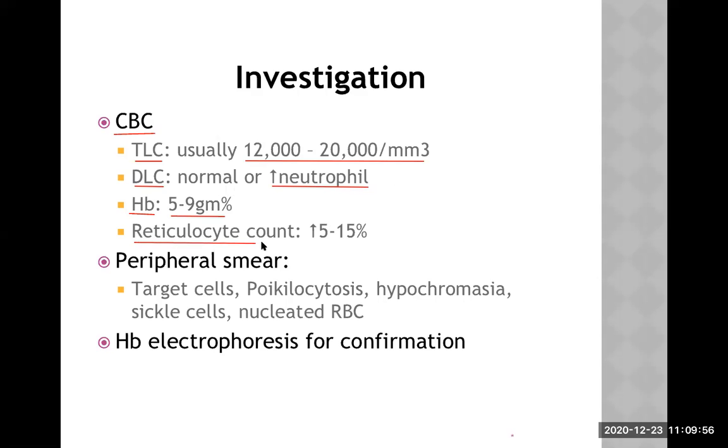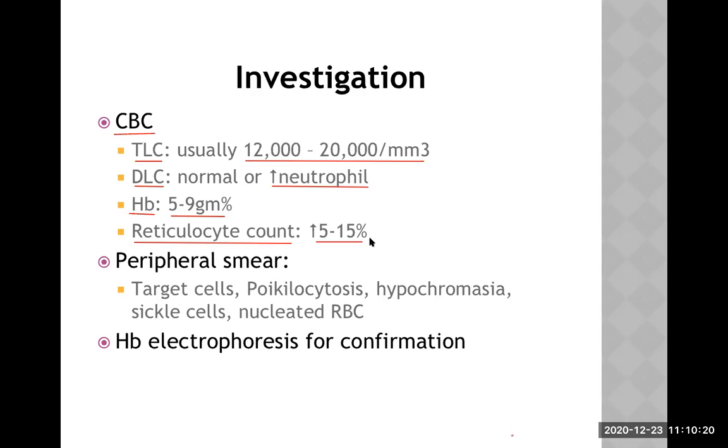The reticulocyte count is always done in case of hemolytic anemia. And look at the reading here. It may be 5 to 15%, definitely more than 2%. Up to 2% is normal. Hemolytic anemia has more than 2% reticulocyte count. This is considered as one of the diagnostic features of hemolysis.